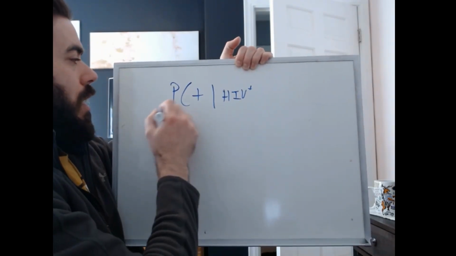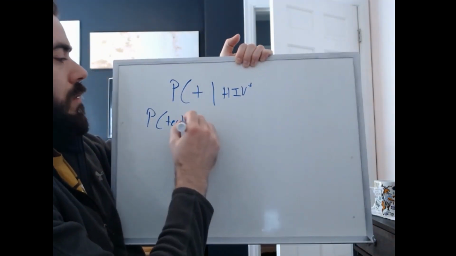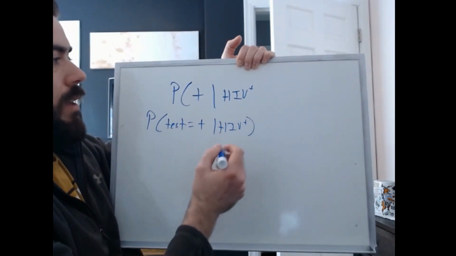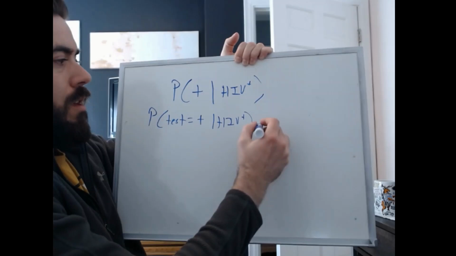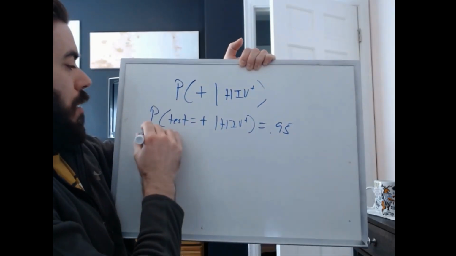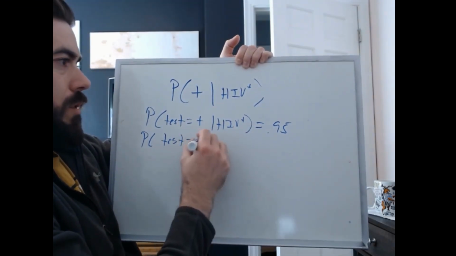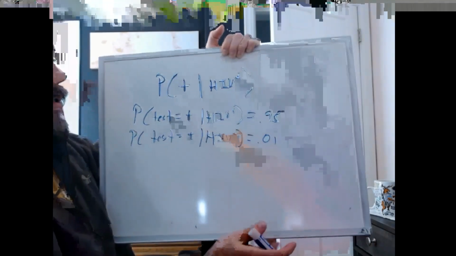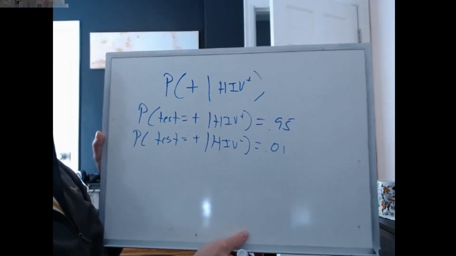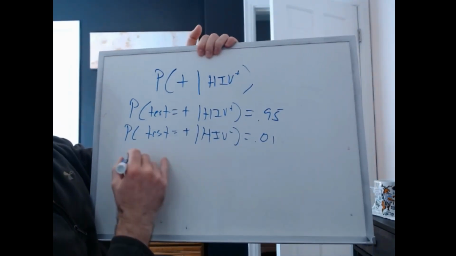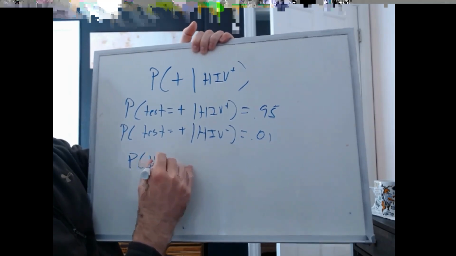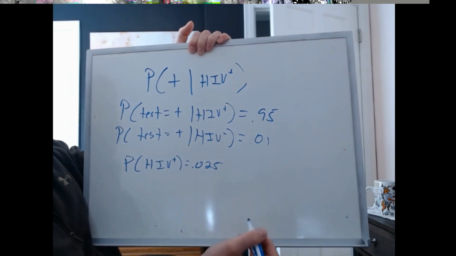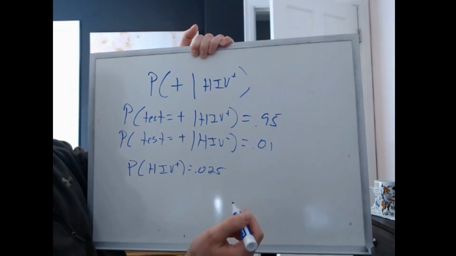I'll write it out like that. So that was 0.95. And the probability the test shows a positive, given that they actually are HIV negative, well, it was 0.01. There was 1% false positives. We're then told the probability, without any additional information, that someone is HIV positive is 2.5% of the population, or 0.025. So this is what we were given.